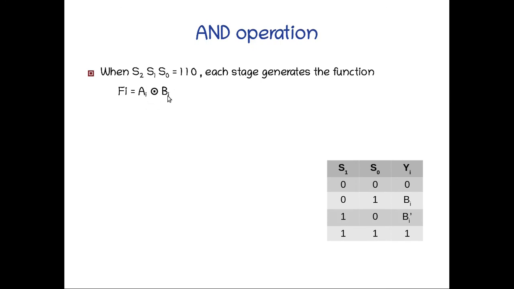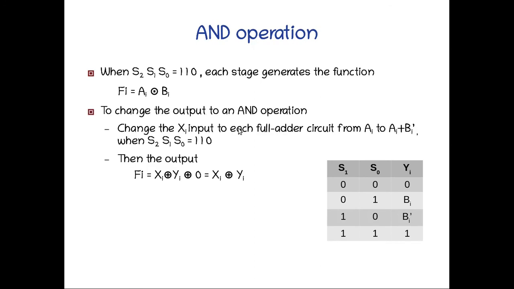So we have to modify this to get ai AND bi. To change the output to an AND operation, change the xi input to each full adder circuit from ai to ai OR b complement when S2, S1, S0 is equal to 1 1 0.